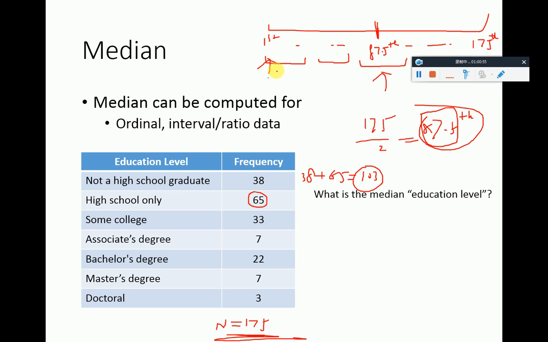So in other words, right here, from the first person to the 38th person, we have not a high school graduate.